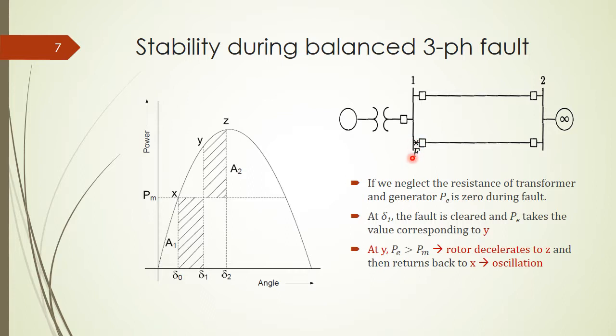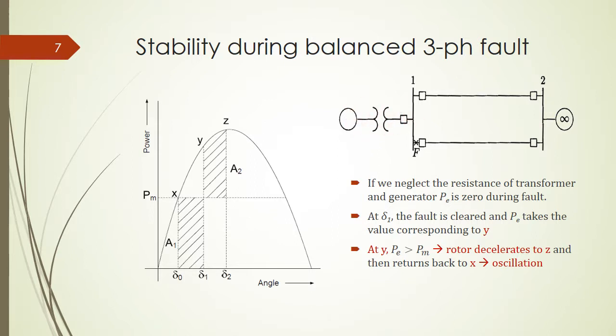For example, we have a short circuit here, then the voltage of this will be 0 during the fault, and therefore during the fault the power PE in the system will be Vg times V over the X of this part.